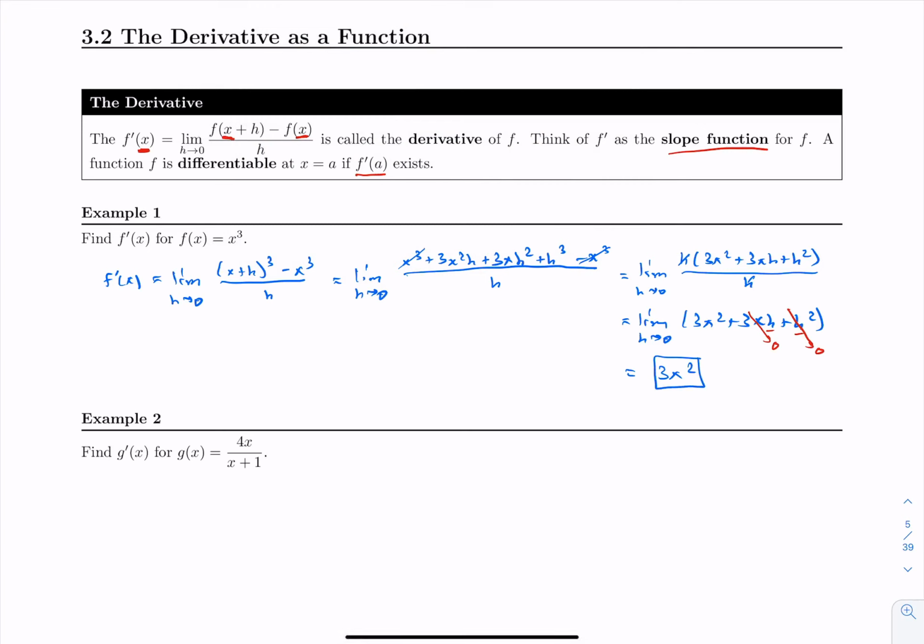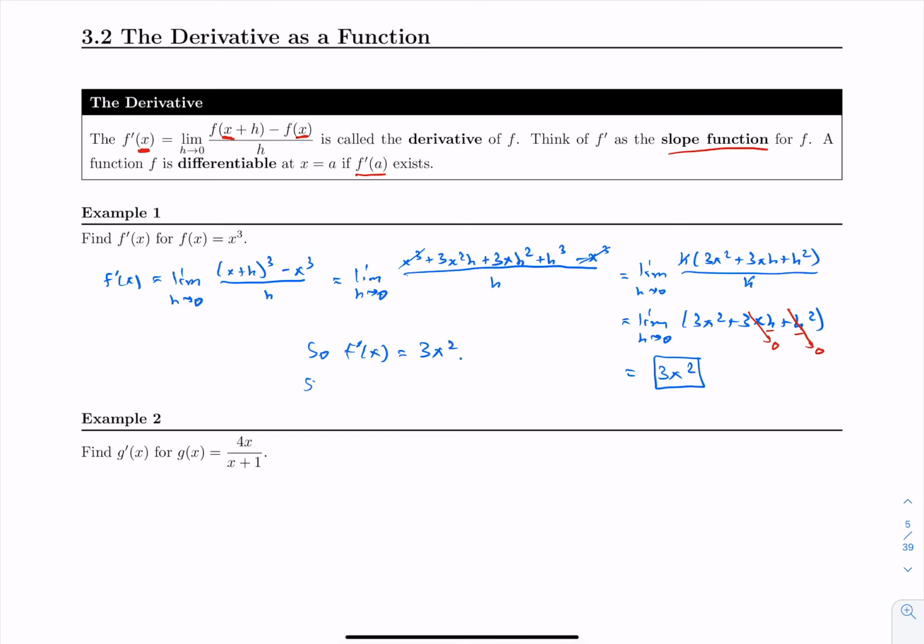So the derivative of x cubed is 3x squared. This is the slope of x cubed at any value.